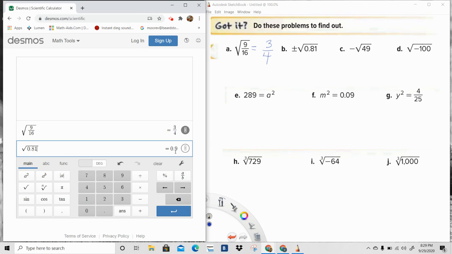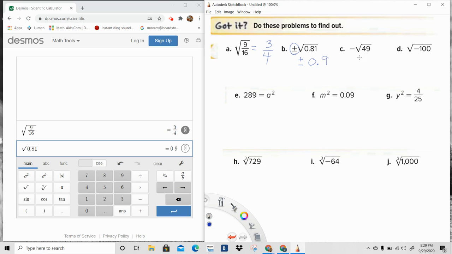And we see that it's 0.9. Now, on B, you'll notice they use the plus or minus sign in front. So what that tells us is that they want our answer to also have plus or minus in front of it, 0.9.